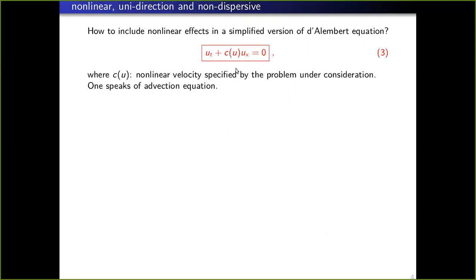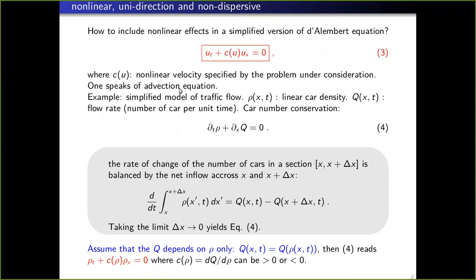But now c is a function of u. Assume that c is a function of u, and this is a nonlinear effect. This equation is sometimes known as the nonlinear advection equation. And it can be used as a model of several phenomena.